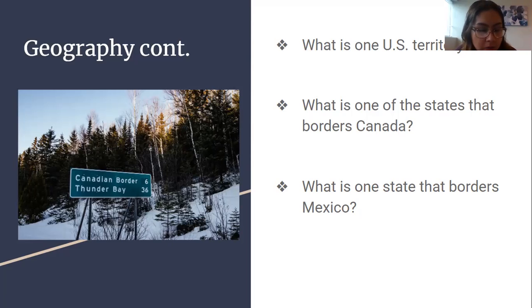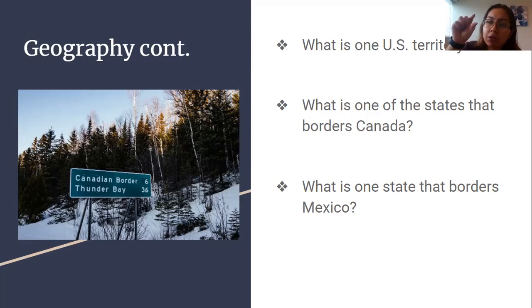Going to the next question, which is question 92, it's asking: name one state that borders Canada. I think this would be easier if you were staring at a map, where you would be able to see everything.